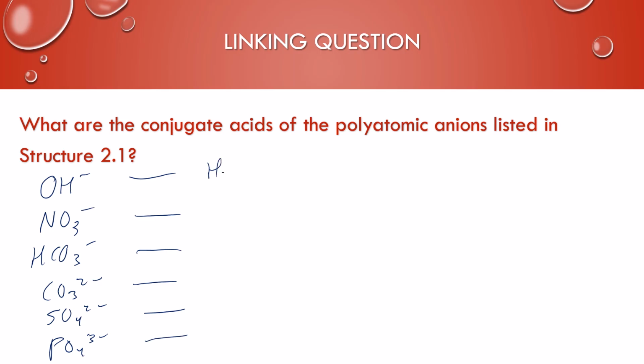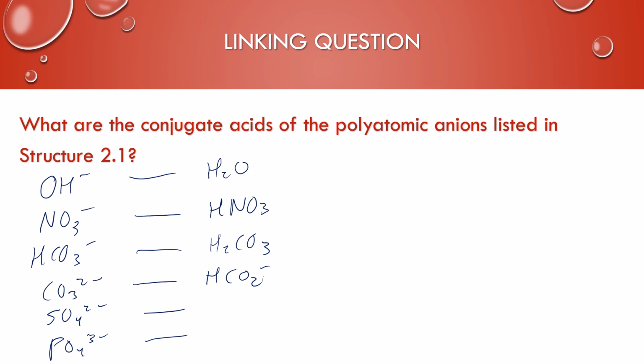An additional hydrogen would give us water for hydroxide. This would give us HNO3, which is nitric acid. HCO3, add an extra hydrogen, we get H2CO3. CO3 2-, I just want to add 1 hydrogen, and the charge goes up by 1.